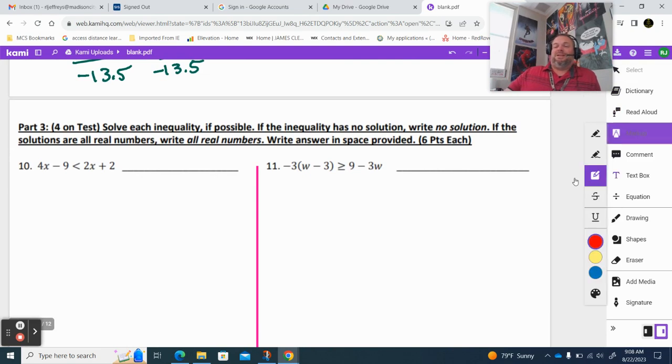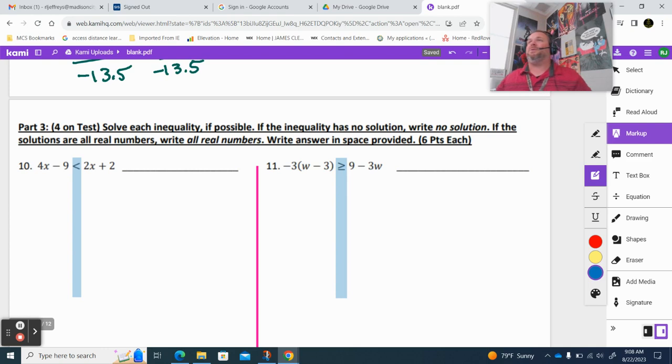Okay, so part three, there's four of these on the test. There's 6 points each. You actually solve these like you would do those multi-step equations from the first test.